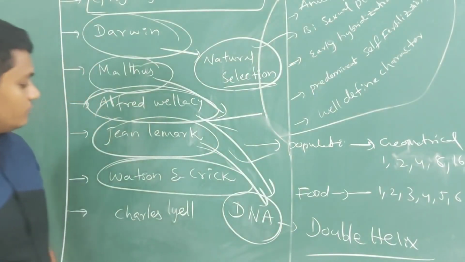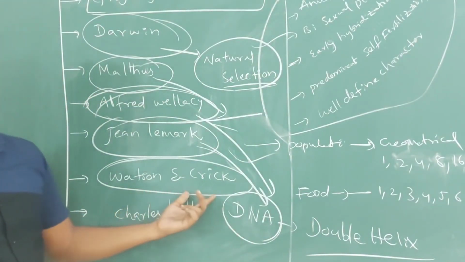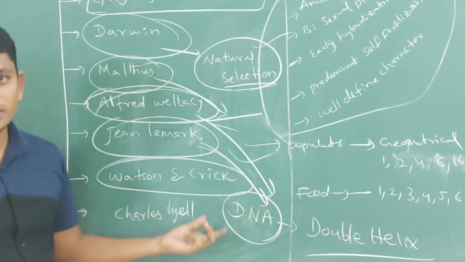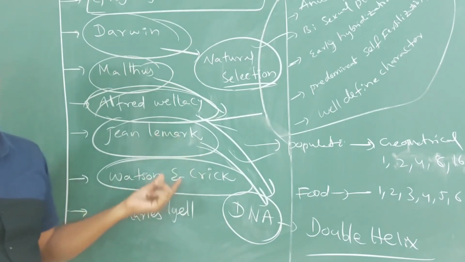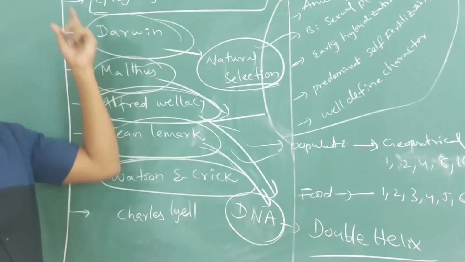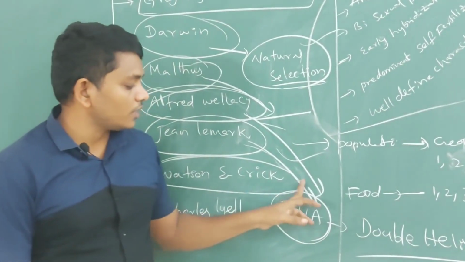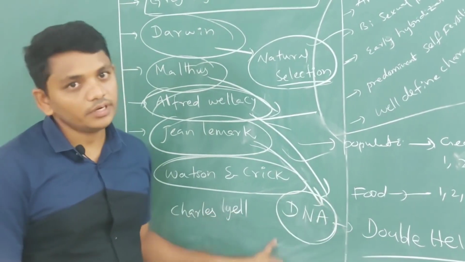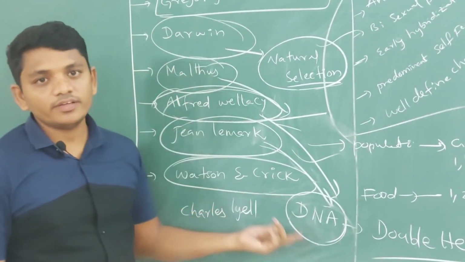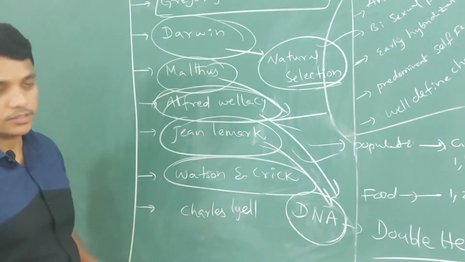You know, DNA is a part of a gene, a gene is a part of a chromosome, a chromosome is a part of the nucleus, the nucleus is a part of a cell, and a cell is a part of the organism. Chromosomes have genes, and genes have DNA. The DNA structure was observed by Watson and Crick. For their observations, Watson and Crick together got a Nobel Prize.